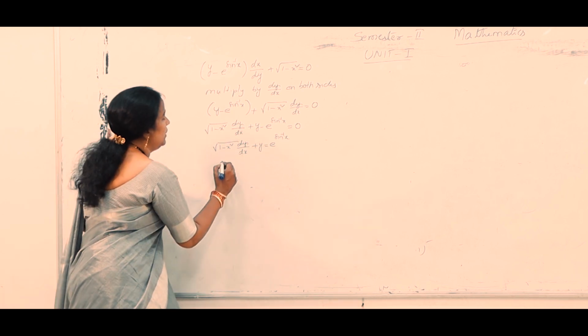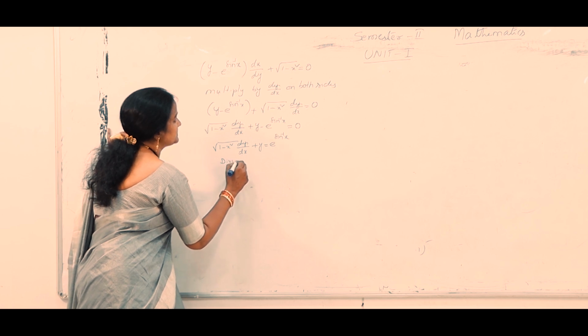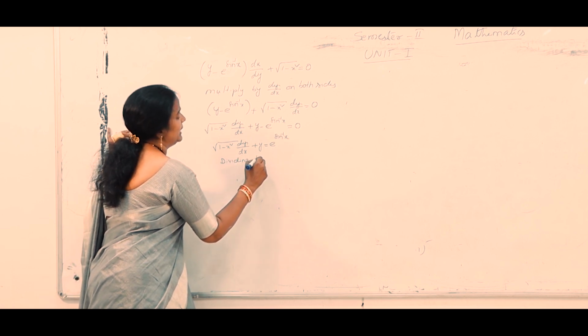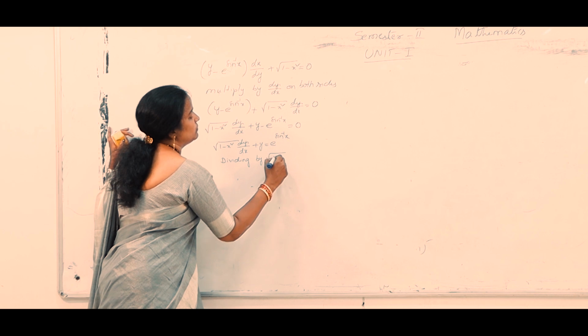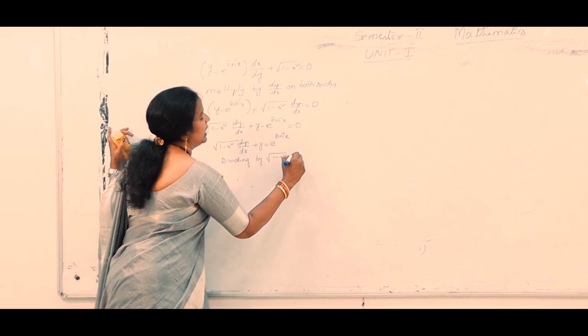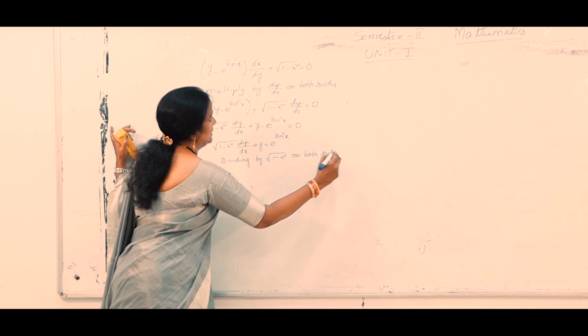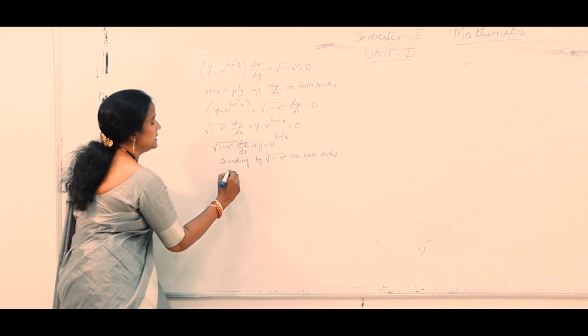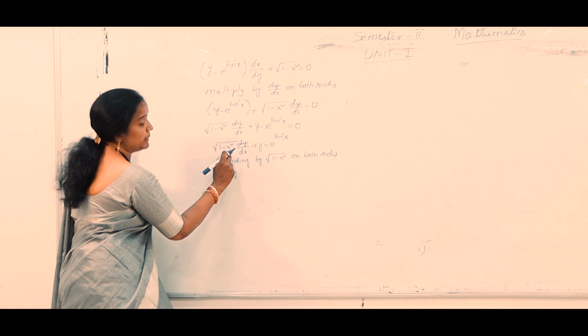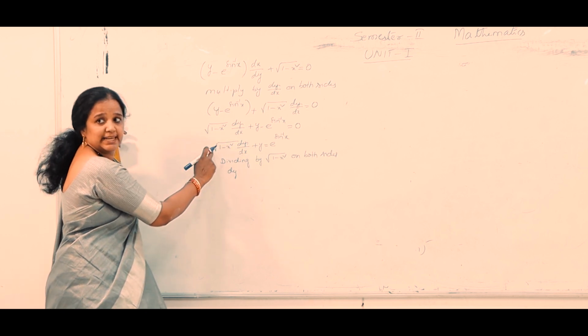So now dividing by root of 1 minus x square on both sides, the terms get cancelled.